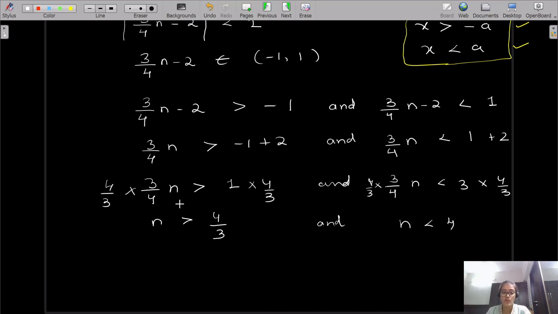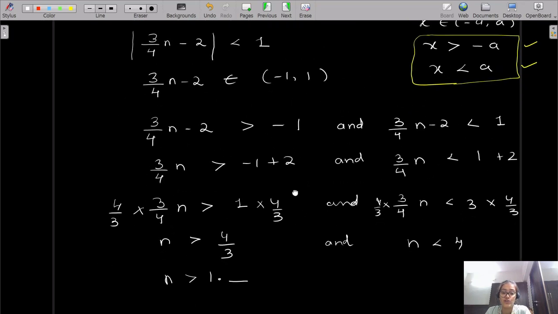Now we have two inequalities. n is greater than 4 over 3, so 4 over 3 is going to be 1 point something. Whatever it will be, it doesn't matter because n is an integer.